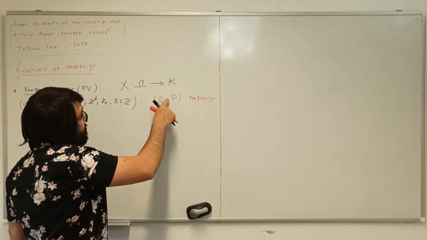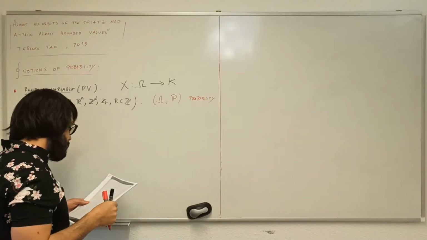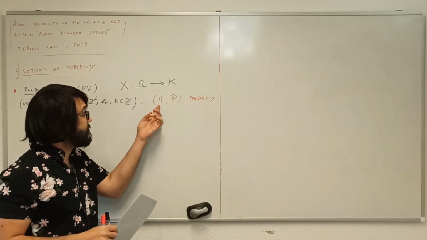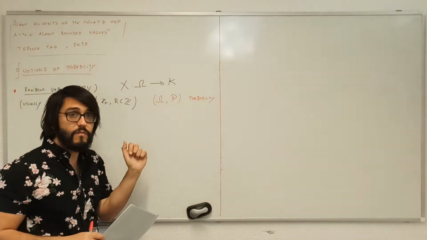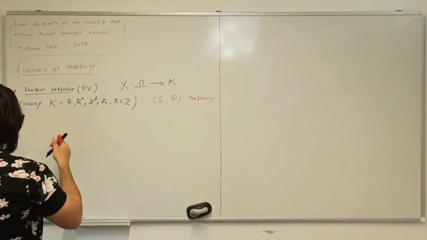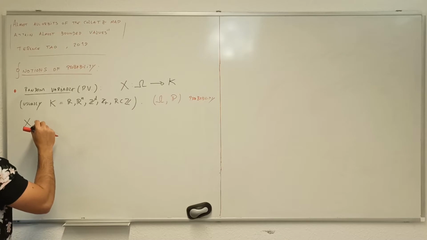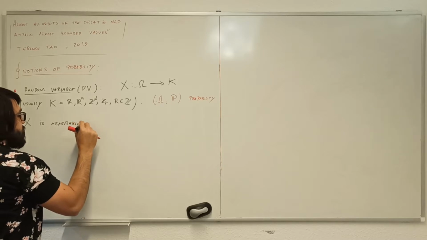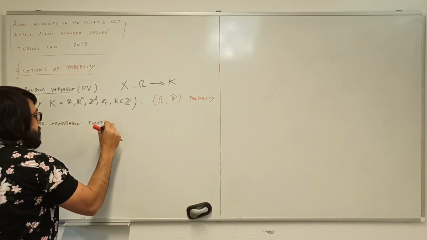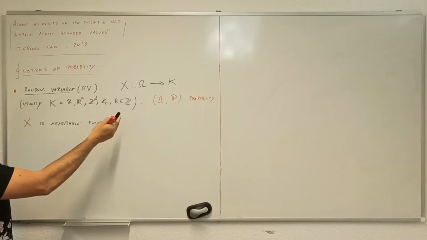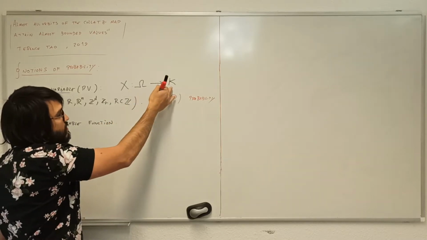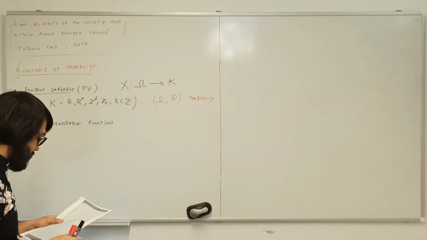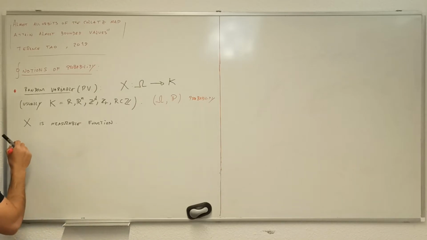And this probability is associated with X. So whenever I say a random variable, it means that there is an implicit probability and an implicit space that comes with this random variable X. And X is just a measurable function, in the sense that the pre-image of a measurable set in K is measurable for P. Okay, so that's a random variable.